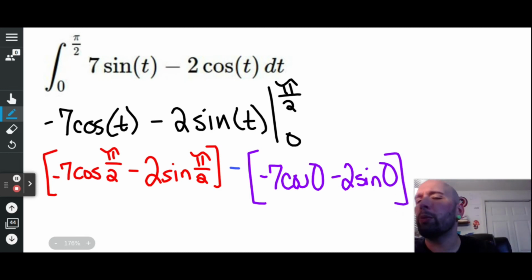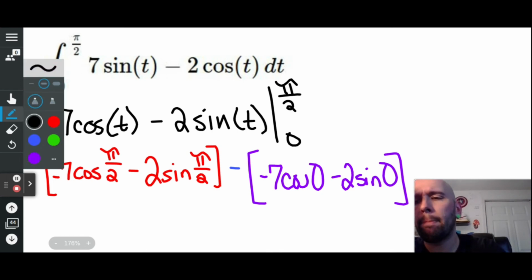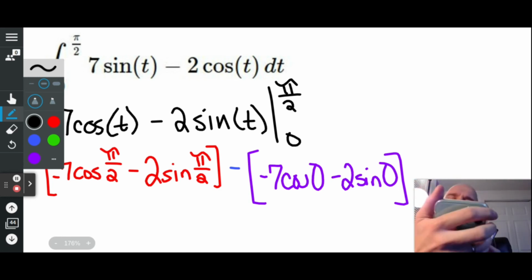Cosine pi over 2. The answer is negative 1/2? Yeah, it's not giving me the answer I want.